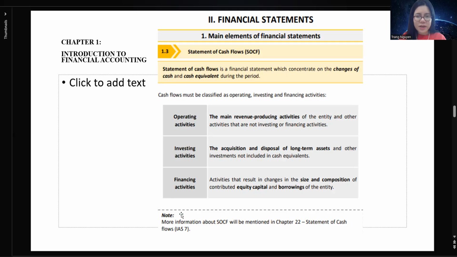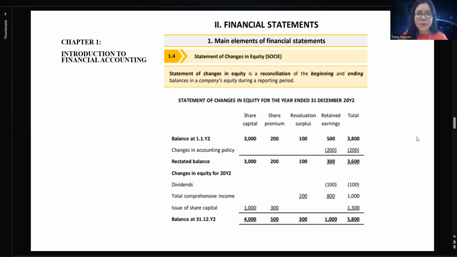So we can have more reference and more information about SOCF in chapter 22, with IAS 7. Now we come to the next page to understand more about the statement of changes in equity.